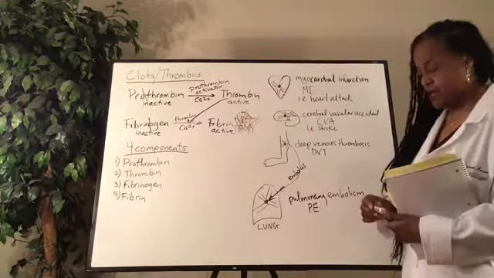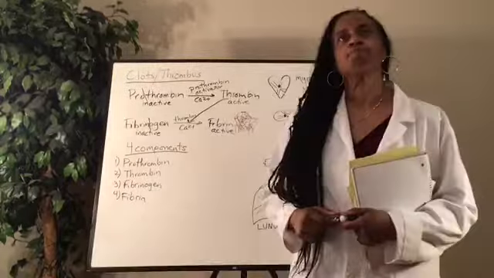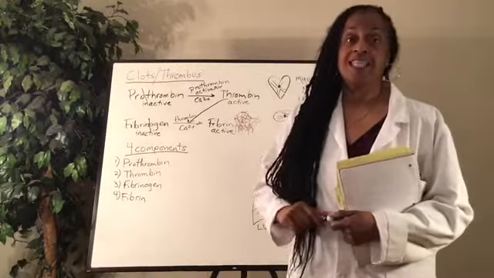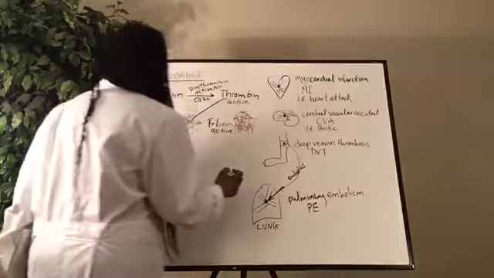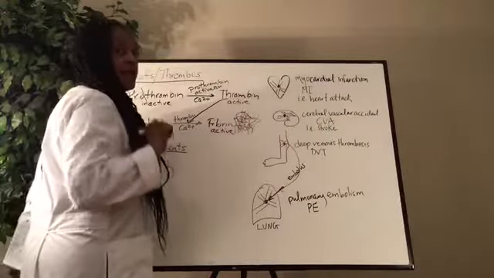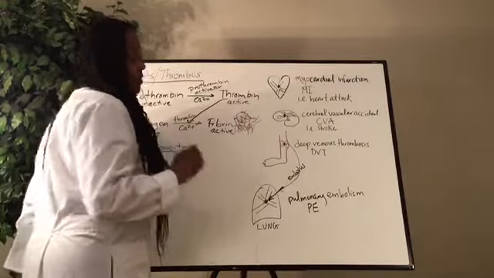So that is it. Oh, so let me tell you some risk factors for getting a DVT. So a risk factor for getting a DVT is you had a DVT before. So let's say previous DVT. If you had one before and you start having some shortness of breath, don't think it's anything else.